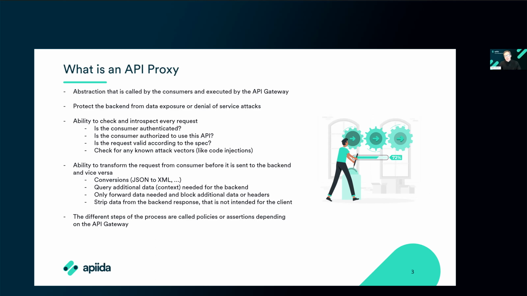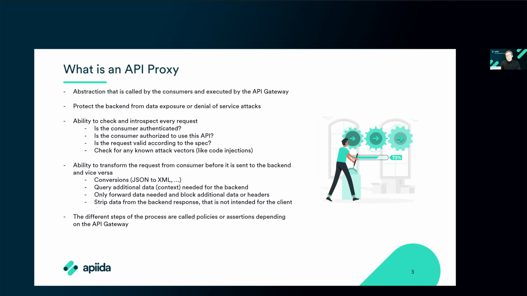So you don't want to have data exposure happen. You don't want denial of service attacks to be run against your real backend, because even if you can't prevent a denial of service attack, and let's say your API gateway goes down, your backend does not, because it's protected. There's no direct connection between the internet and your backend.